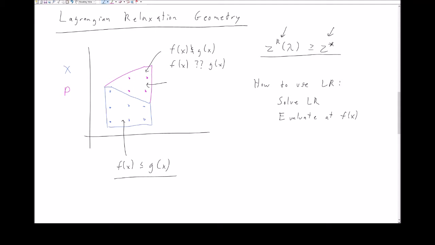Now this solution that we get from the Lagrangian relaxation is not necessarily optimal. But we do have a handle on how good this solution is by evaluating it at our initial objective function for the original IP, f of x.